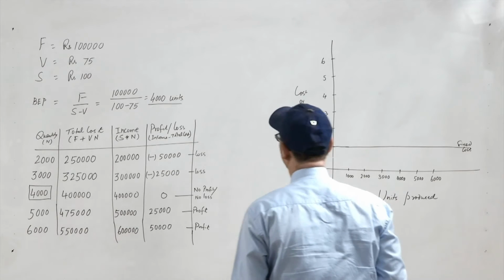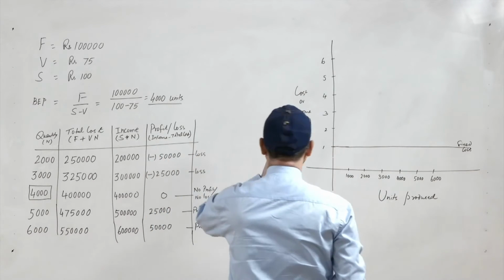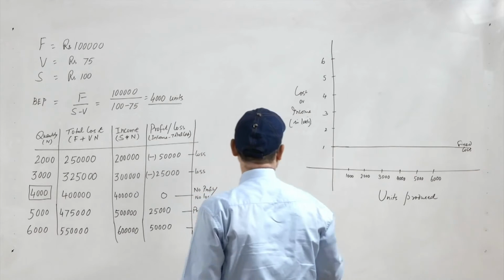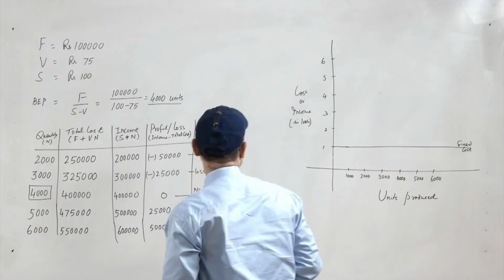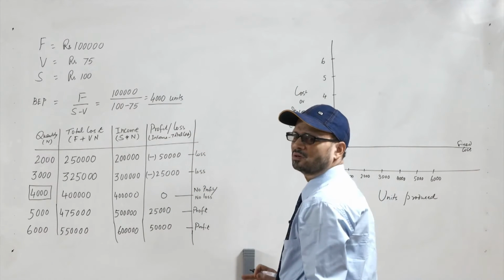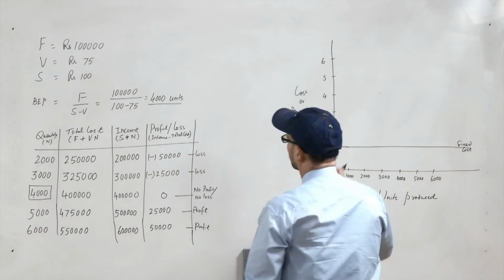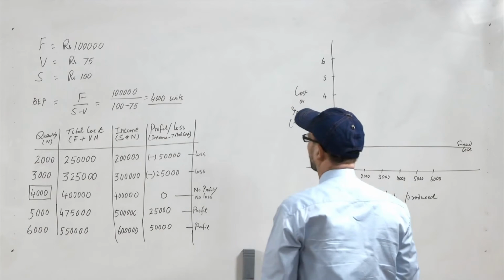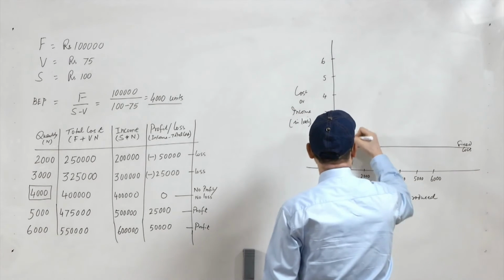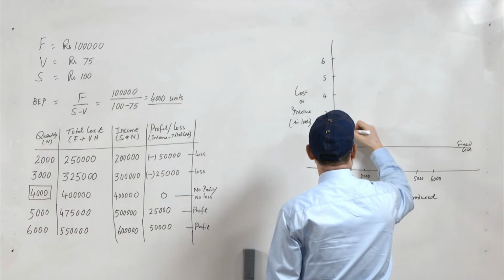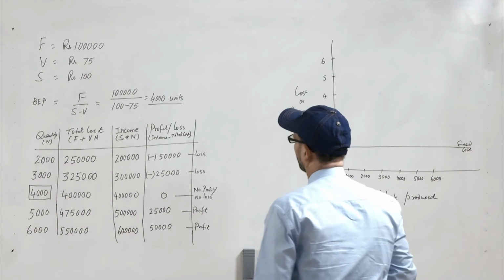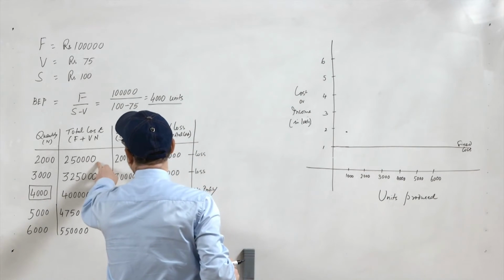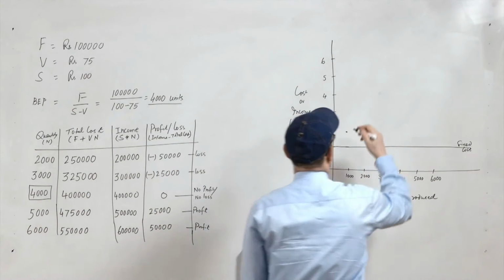Now, let us see total cost for 1000 units. Total cost will be fixed cost plus 1000 times 75,000. So, it will be 175,000. So, it will be here. Then for 2000 units, the total cost comes out to be 2,50,000.